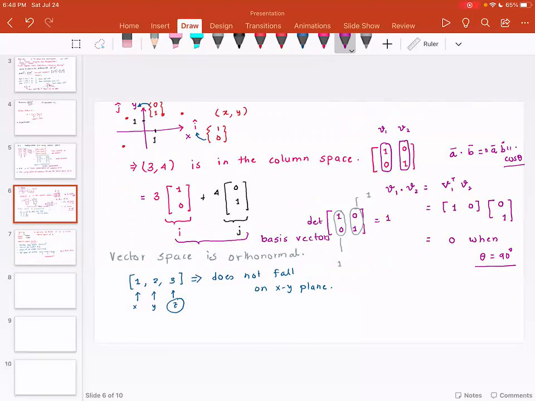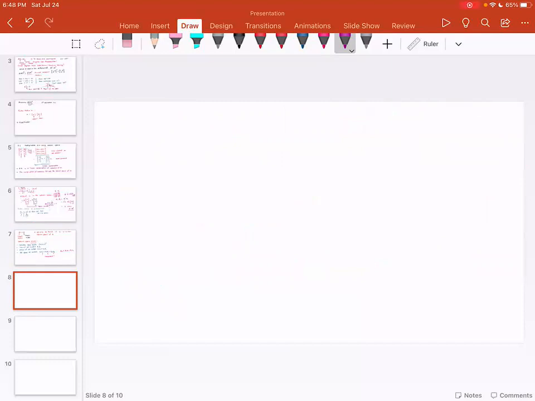The basis is nothing but a subspace that comprises a full set of independent vectors.